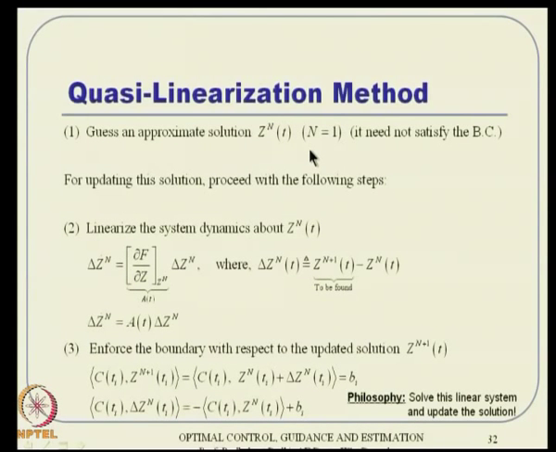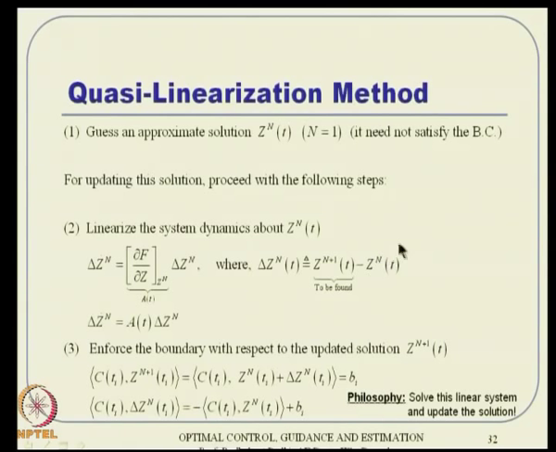That is invariably the requirement. So we guess an approximate solution z n of t, with n equal to 1 to begin with, and then we have to update the solution. About this guess value z n of t, we can always write a linearized system dynamics, and that turns out to be like this, where by definition delta z n is nothing but z n plus 1 minus z n.